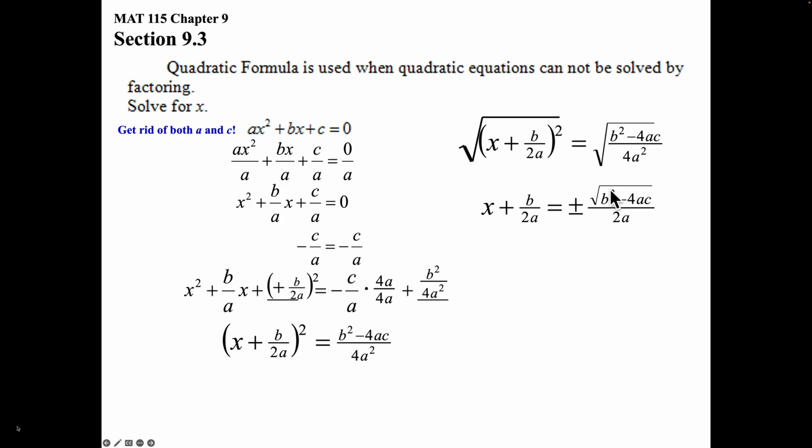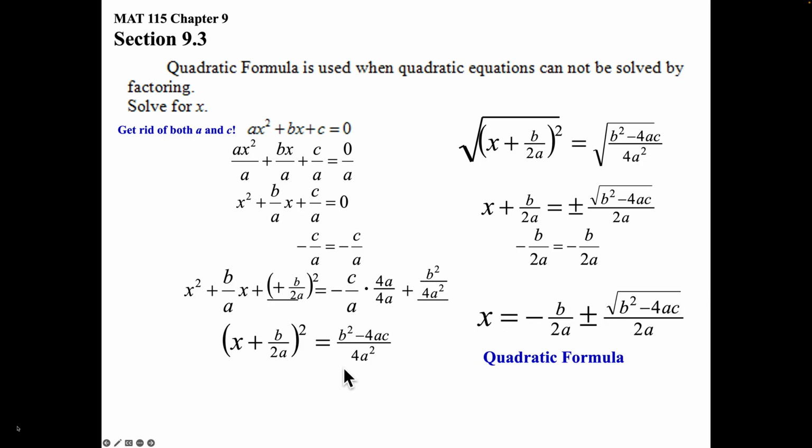This is two separate terms, one big binomial, if you will. And if it's a binomial, you either have to take the square root of the whole thing or nothing at all. Over here, we're out of our parentheses now. We can subtract over the B over 2A, sneak that in front of the plus or minus, and this is the quadratic formula.